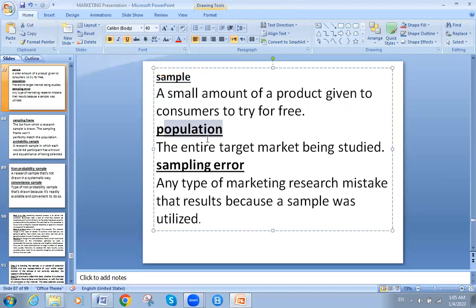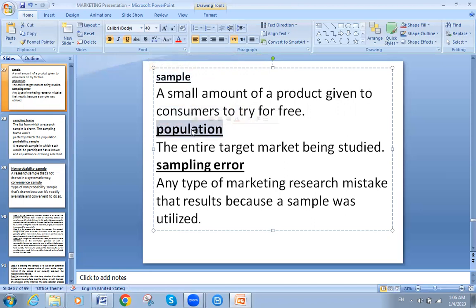The population is the whole people, the whole society, or the whole area of your study. So if I say my population is Scarborough people, the sample is 200 of these people only.